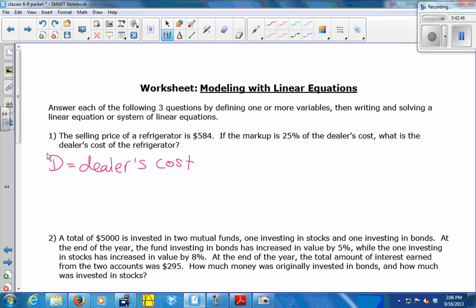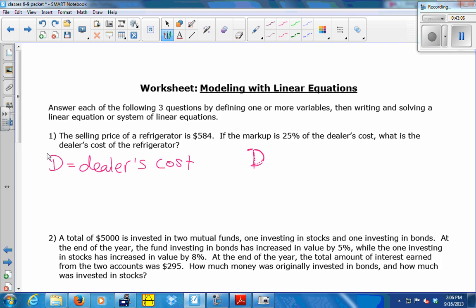Okay, so Home Depot bought this refrigerator for D dollars, and they're going to mark it up by 25%. So that means they're going to sell it for $584, and that includes a 25% price increase. So they're going to sell it for D, what they bought it for.